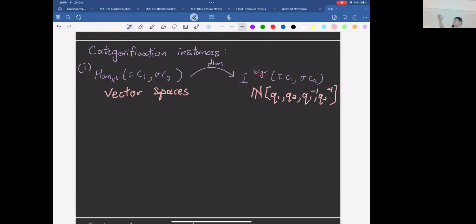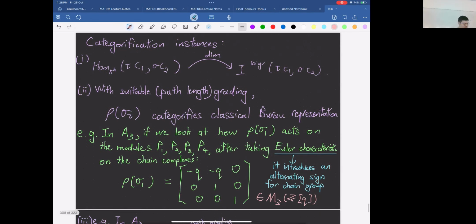So we attach vector spaces to these numbers. And what else? If you provide a proper grading, we can see that this braid algebraic action here also categorifies the classical Burau representation, if you know about it.